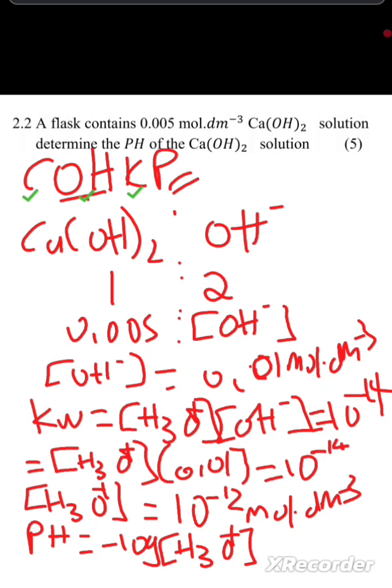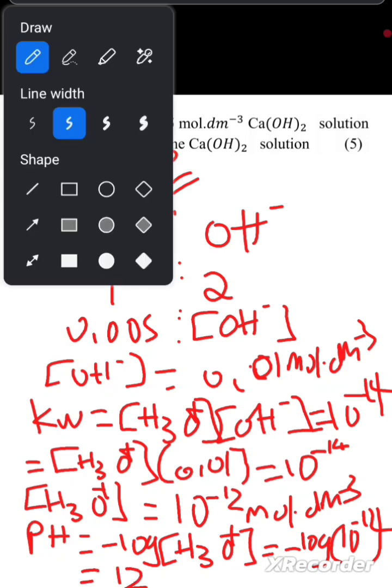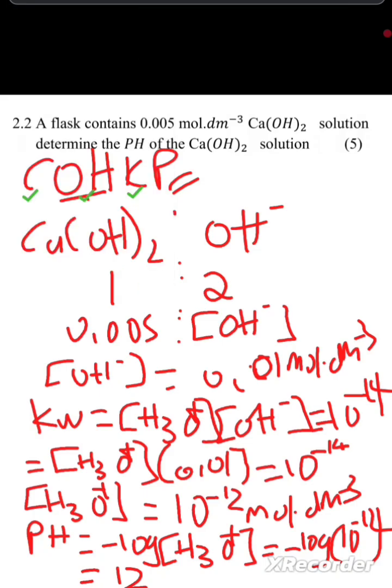Now this is equal to negative log 10 to the power negative 12. Then we punch into a calculator what the pH is. So the final answer is 12. The pH is 12.